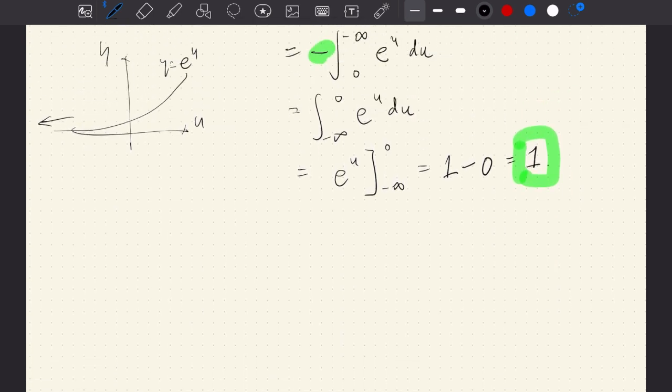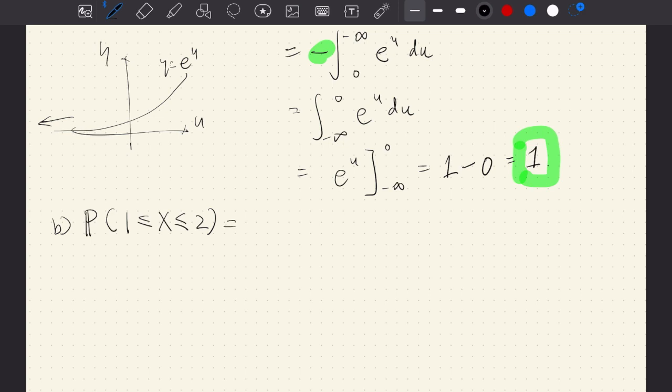Okay, now let's look at subproblem B. So we want to calculate the probability of a customer waiting between 1 to 2 minutes, okay? So in mathematical terms, we want to compute the probability that 1 is less than or equal to x and x is less than or equal to 2, right? This means that the waiting time is between 1 and 2 minutes.